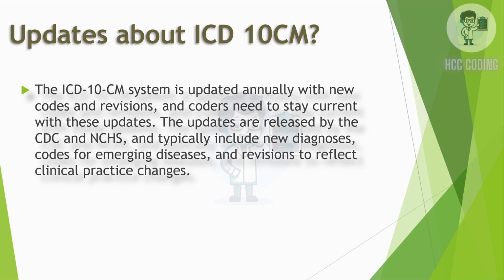Any codes that need to be modified will be modified, anything that needs to be deleted will be deleted, and any new or newly designed codes can be added, including different types of diagnosis codes or emerging disease codes.